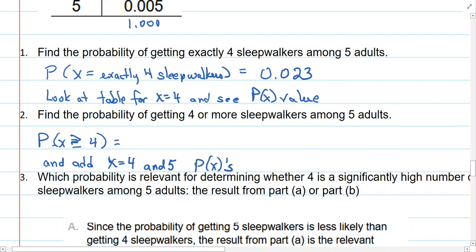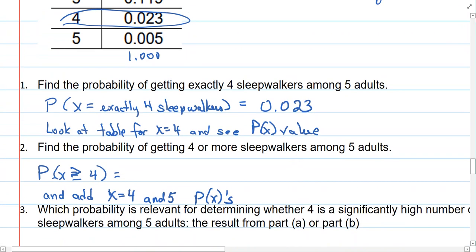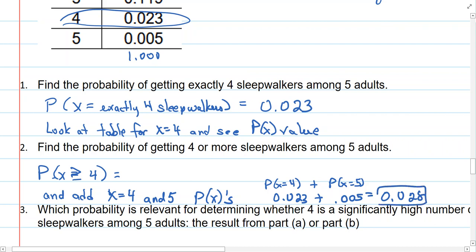All right. So we're looking at the table. So P of x equals 4 is 0.023 plus P of x equals 5, which is 0.005. So we get 0.028 as the probability of getting 4 or more sleepwalkers in this study.